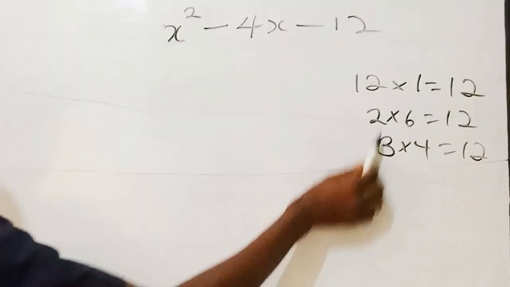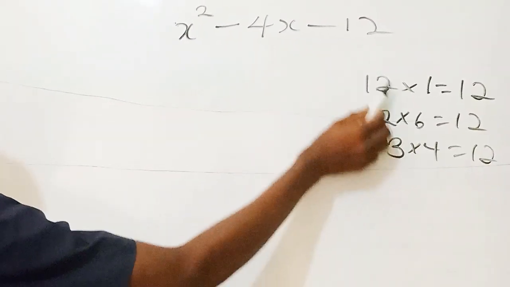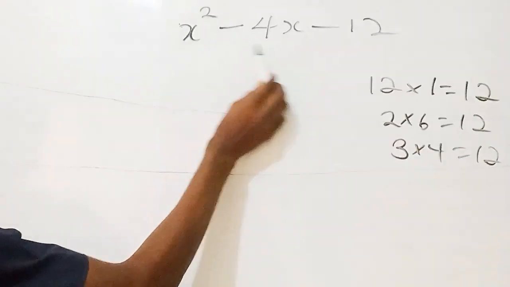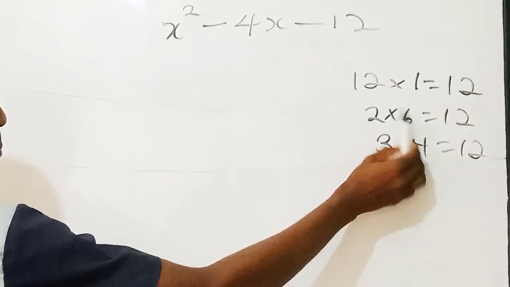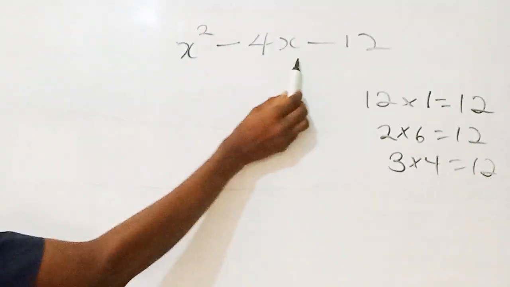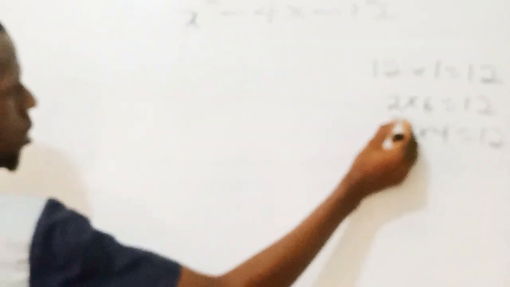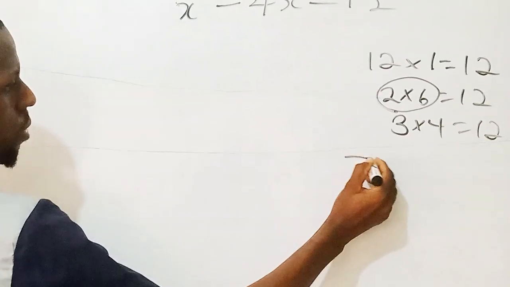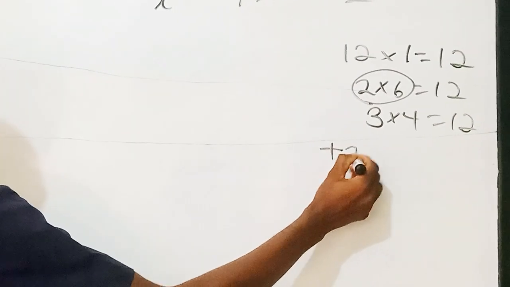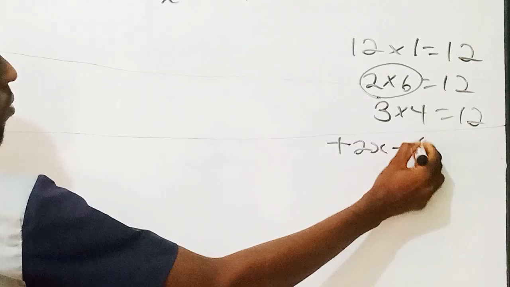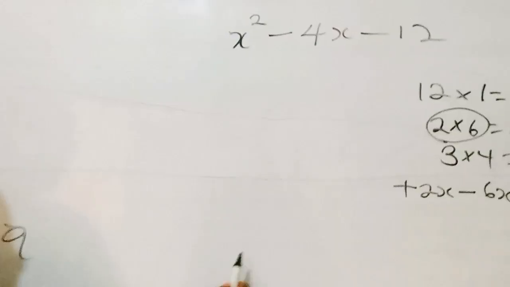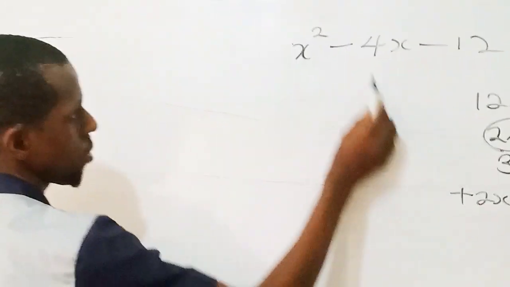Now, which of those factors, when I pair them together, gives me the middle term, which is minus 4x? If I take 2 and 6, I have plus 2x minus 6x. It's the same thing as minus 4x.